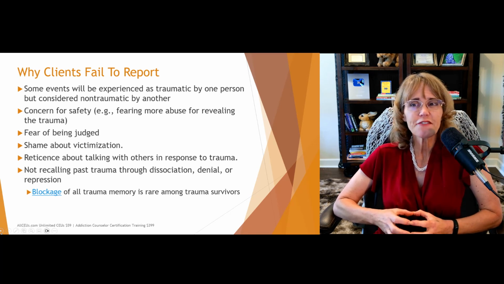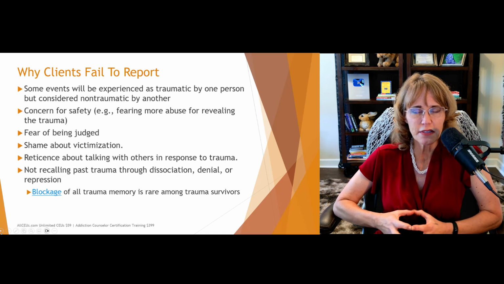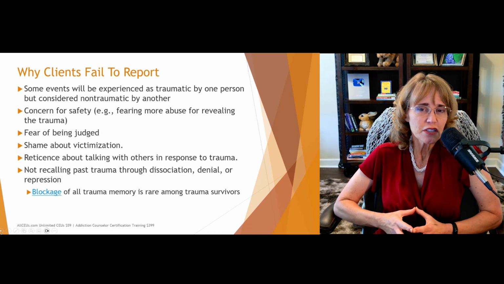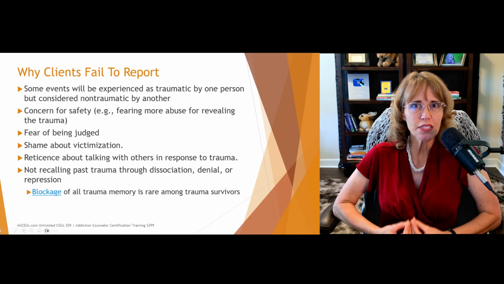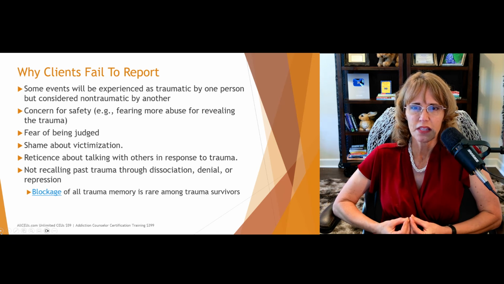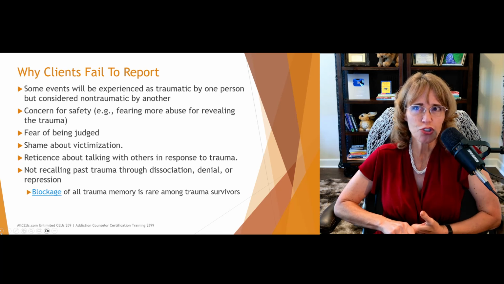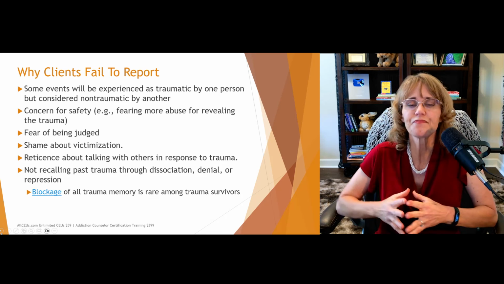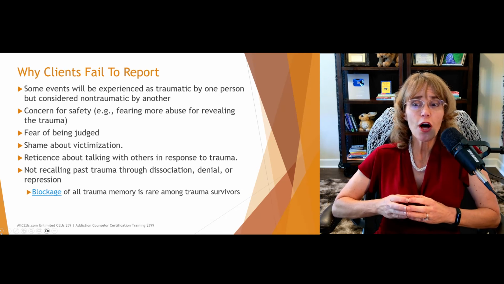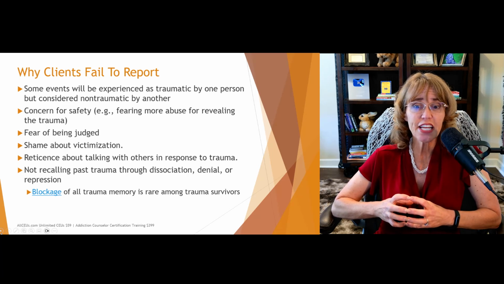They're afraid for their safety if they report. They fear being judged. They may feel ashamed that they were victimized. They may be reticent about talking with others in response to the trauma. They've just learned to keep quiet. And they may not recall the past trauma through dissociation, denial, or repression.